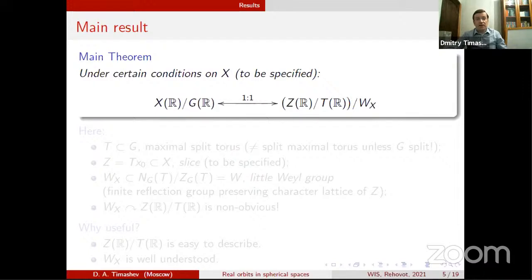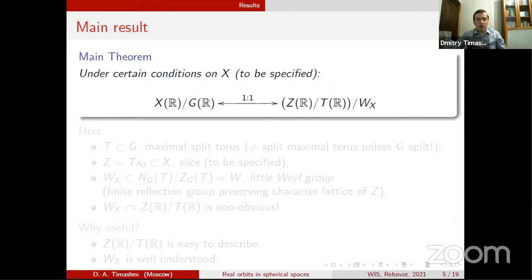Under certain conditions on my spherical homogeneous space, we claim that the set of real orbits on the real locus of X is in a one-to-one correspondence with another orbit set: the set of orbits for some finite group W_X on the orbit set of the real locus of some subvariety Z, modulo the action of the real locus of some torus in G, which I denote by T.